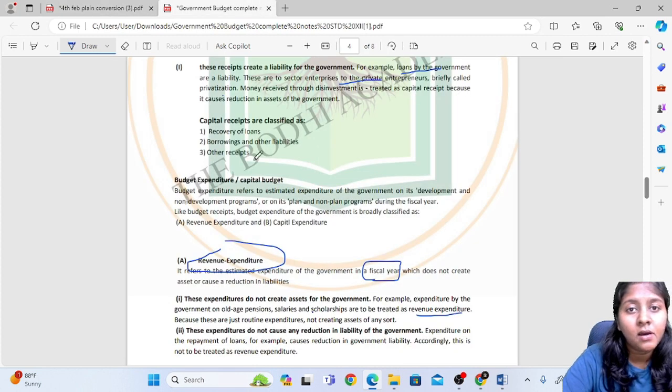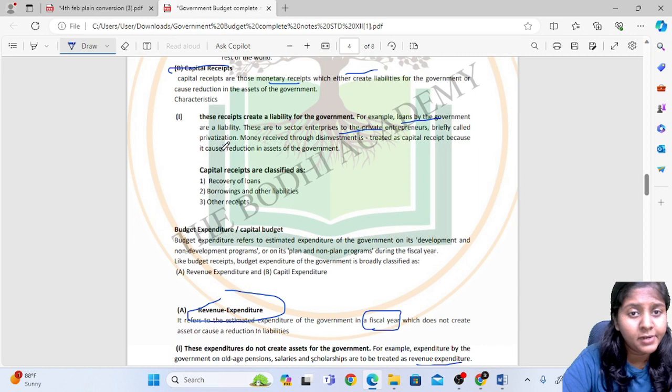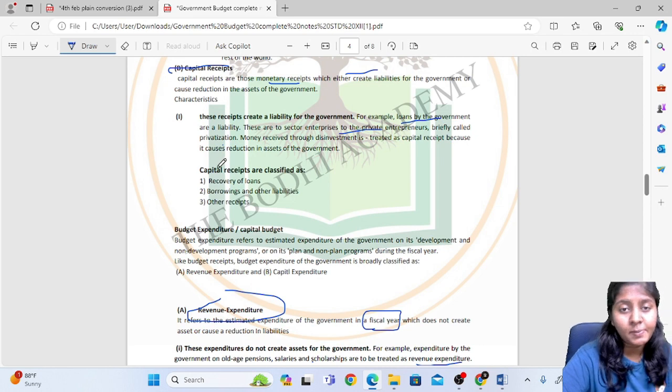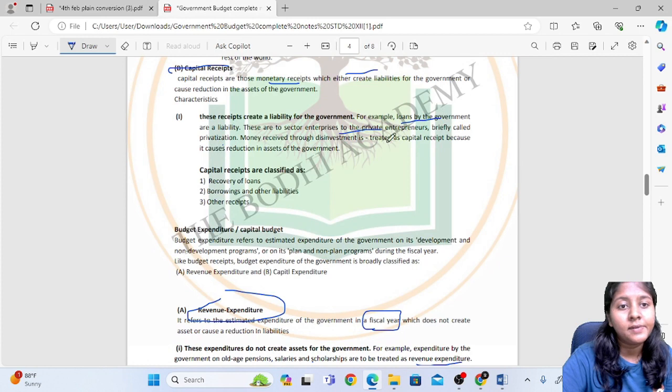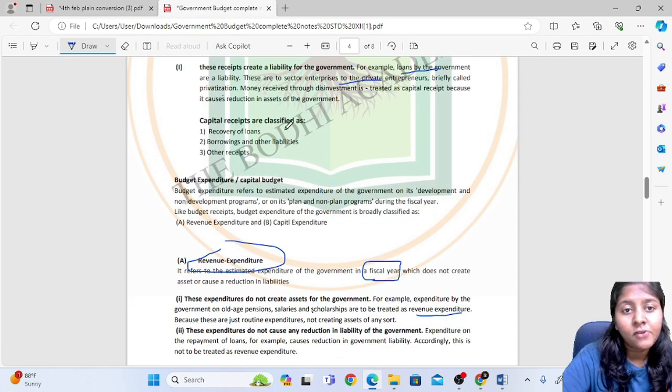Disinvestment is this privatization, converting the public sector enterprise and giving the shares of public sector enterprises to private sector enterprises. So money received through disinvestment is treated as a capital receipt. Then capital receipts are further classified as recovery of loans, borrowings and other liabilities, and other receipts.